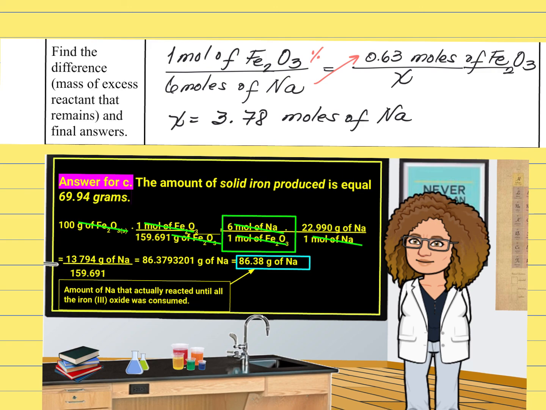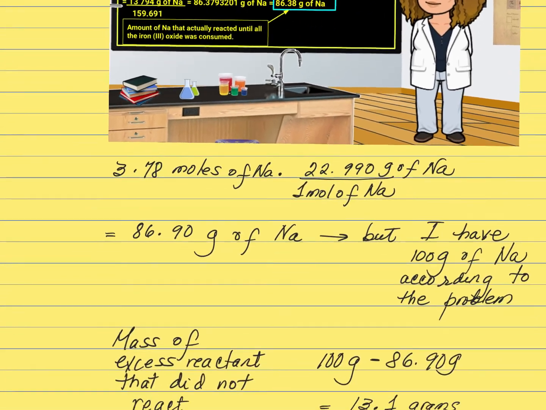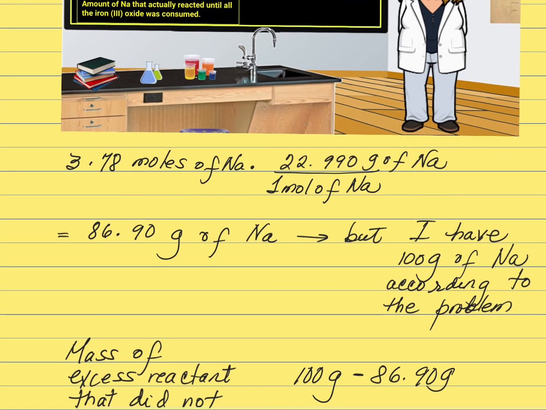But that's not what I want, because I want to know the amount that was in excess, and you know that at the beginning of the problem, we have 100 grams of sodium. This answer is in moles, so I need to convert that into grams to know the mass of sodium that reacts with my limiting reactant, which is the iron trioxide. And 86.90 grams of the sodium was able to react with a given amount of iron trioxide.